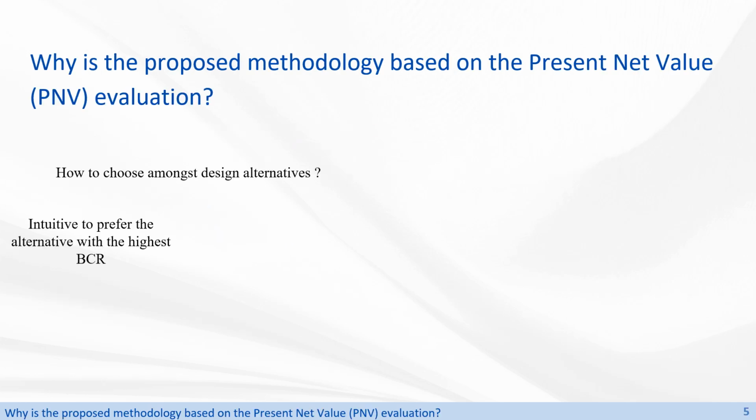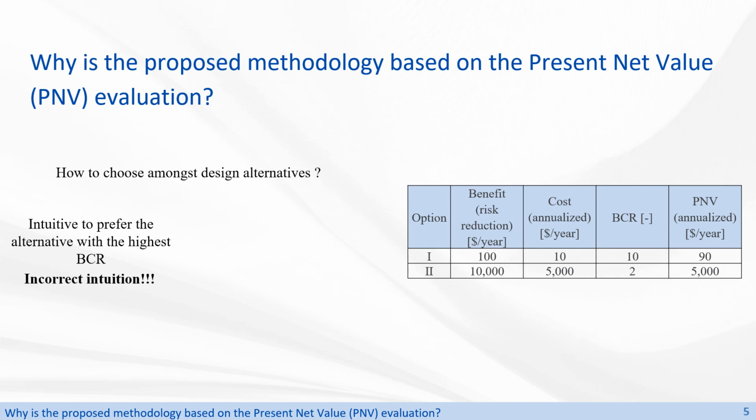When it comes to the question of how to choose amongst the design alternatives, the most intuitive method is to pick the alternative with the highest BCR, which can be understood as selecting the alternative with the highest return on the investment. However, this intuition can be incorrect, which can be illustrated by the example in the table.